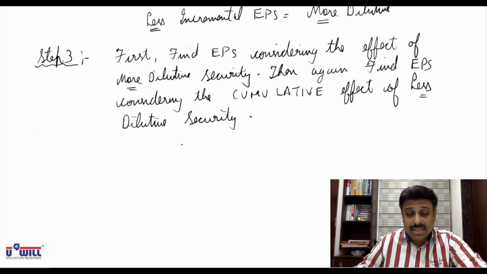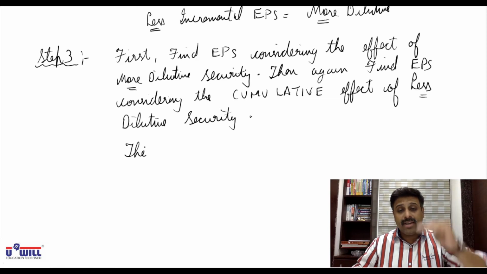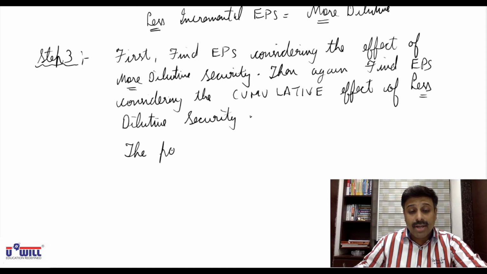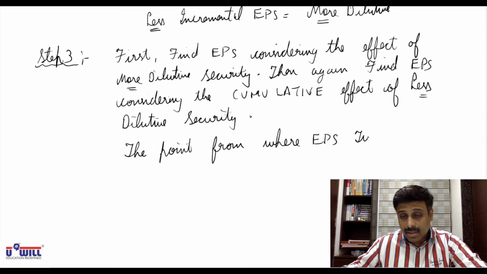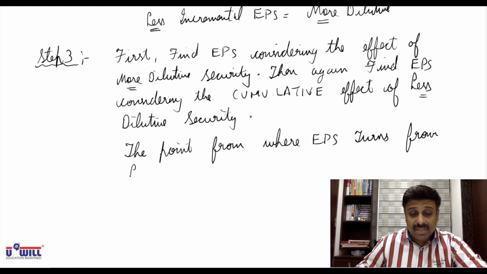Now what you'll observe in this process is that the EPS will first go down and then it will go up. So the point from where EPS turns from low to high, you'll find that first EPS goes down and then again it rises.